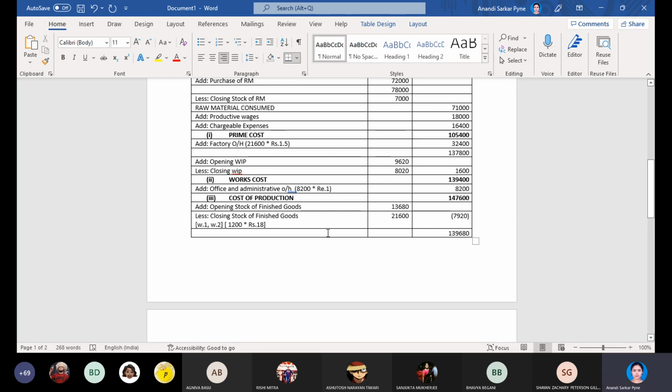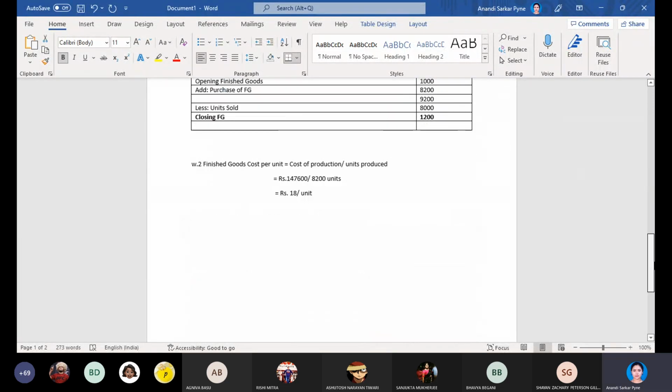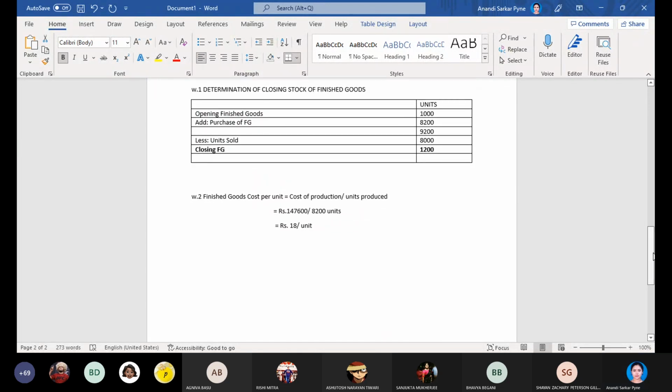This is cost of goods sold. This has not been asked in the question. What has been asked is total cost. Now we will add the selling and distribution overhead, which is rupees 0.9 per unit.